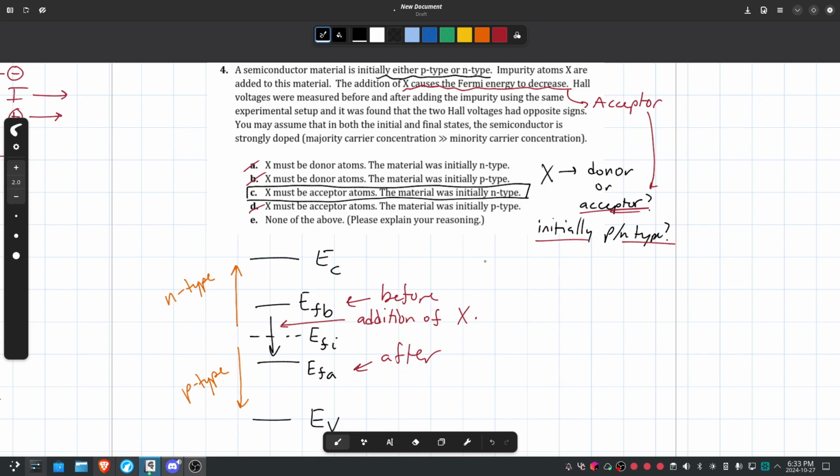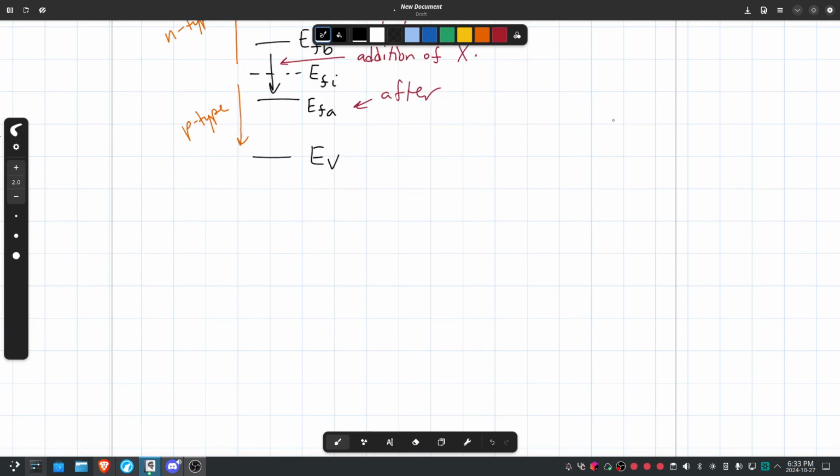If X is an acceptor, is the material always going to be initially N-type? It's initially N-type because the sign swapped. Let me give you an example. Let's say that this is going to be EC, EV, and it's going to be EFI.